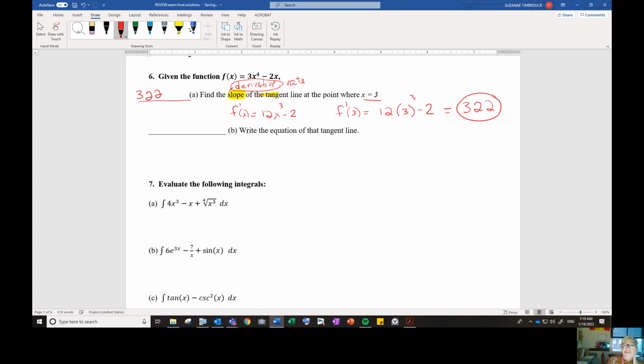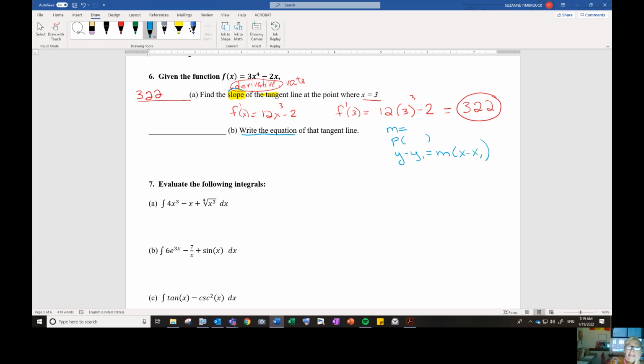All right, then you're asked to write the equation of the tangent line. And remember, anytime you're asked to write the equation, the things you need are a slope and a point. And then we plug them into our point slope form.